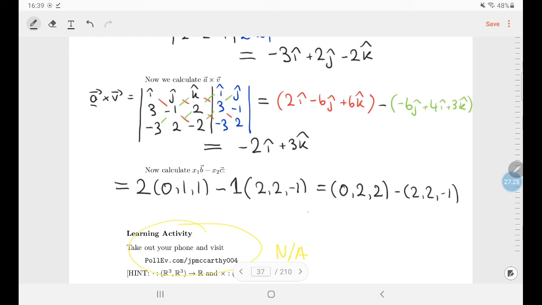And now carefully, the x component 0 minus 2 is minus 2. 2 minus 2 is 0. And 2 minus minus 1 is 3. And look at that, minus 2 along the x, 0 along the y, 3 along the z, the same as minus 2i plus 0j plus 3k, which is exactly what we were supposed to show.